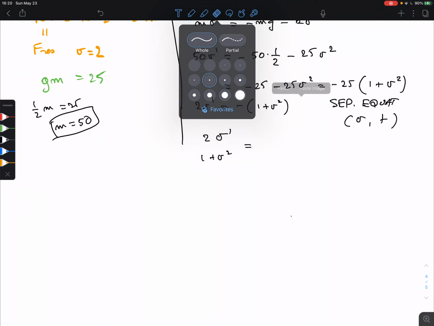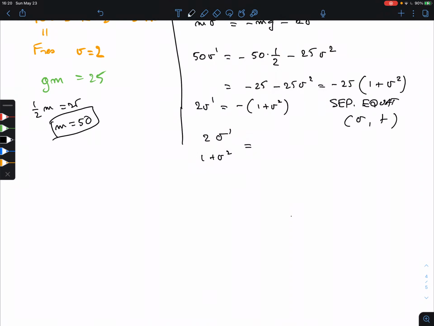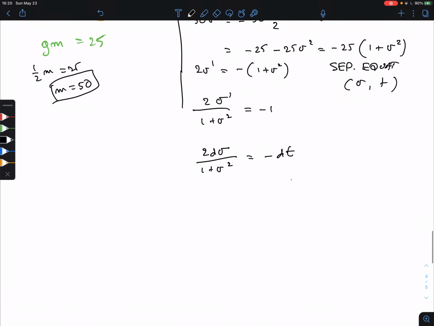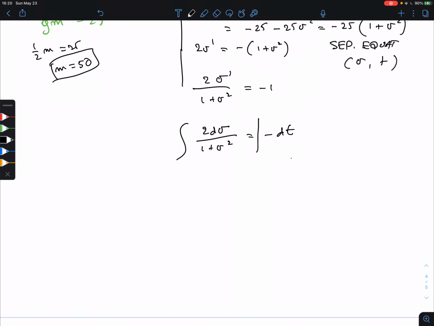So we have a minus 1 here, and it's perhaps more telling if I write it this way, then I know what the variables are and how my integrals are going to go. So we have separated the variables, so we can integrate.